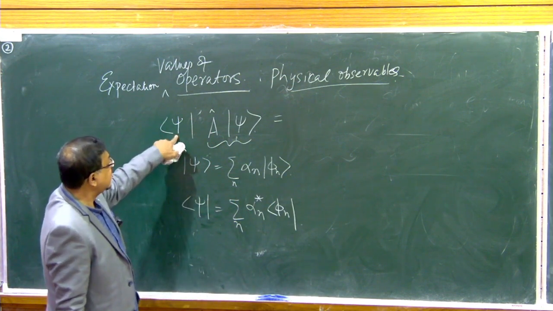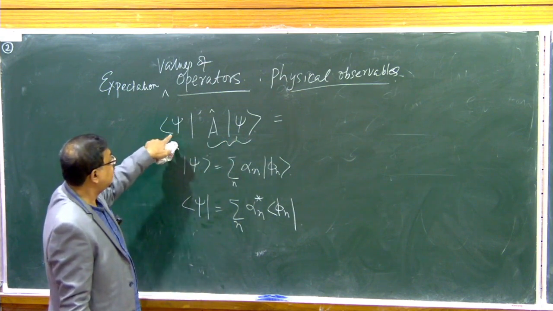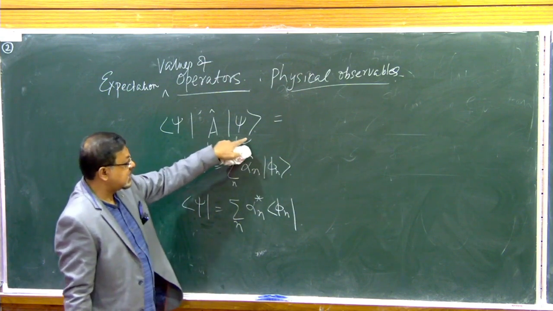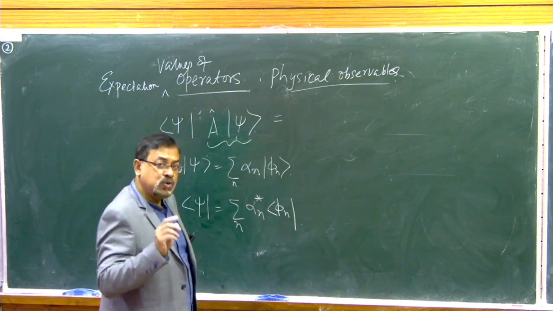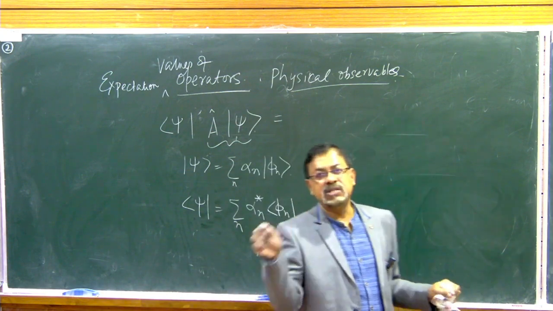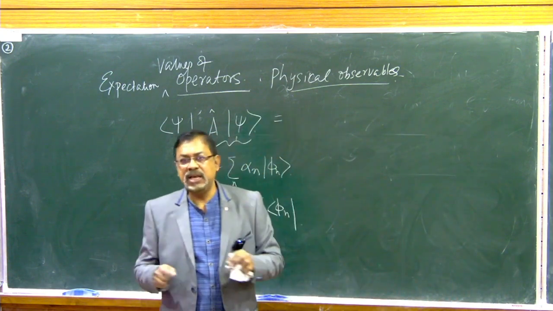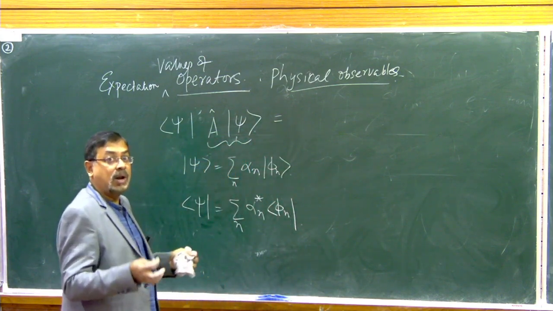But when we take this inner product of this bra psi and ket psi, we'll have to use two different indices, because if you use the same index and multiply two matrices, then you are only considering like terms, that is A1 into B1, A2 into B2, but you need to consider all kinds of terms.